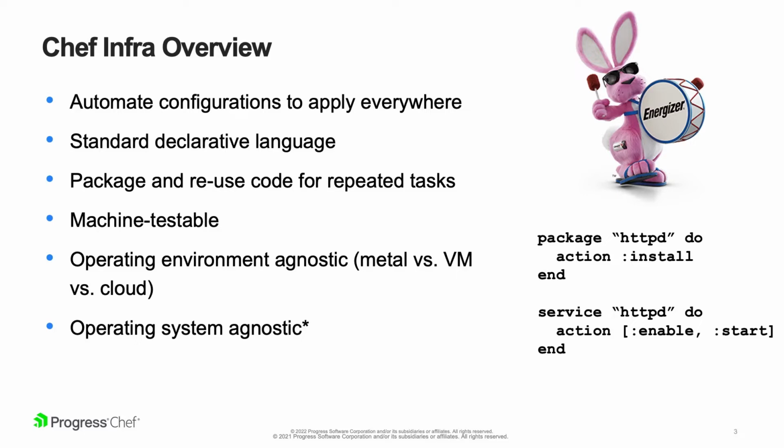We have a complete list of these on our website that you can look at, but it's basically every modern system. And this shows a simple example of the package httpd do action install. That simple command is a resource that's installing some package and starting the service, and it's as simple as that.